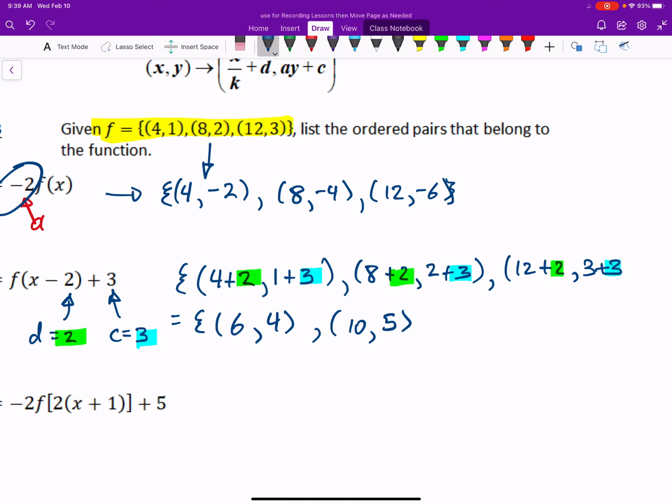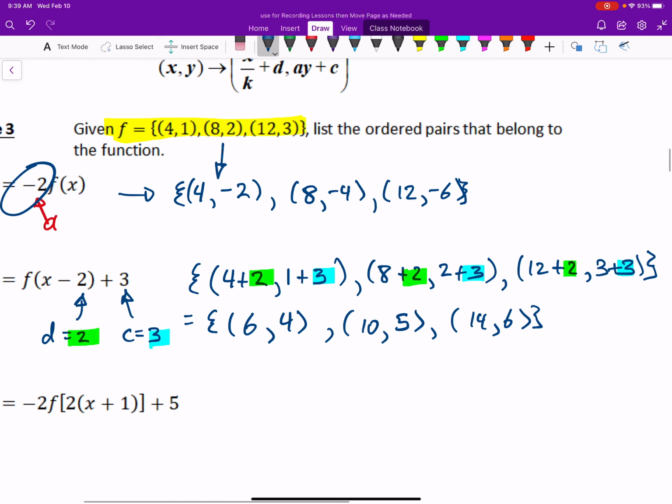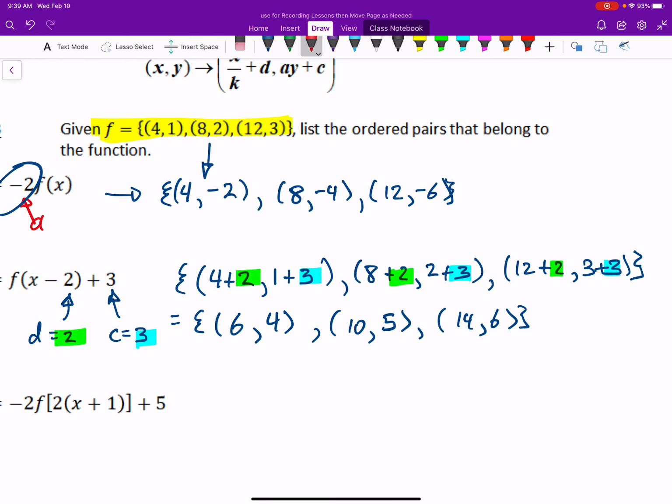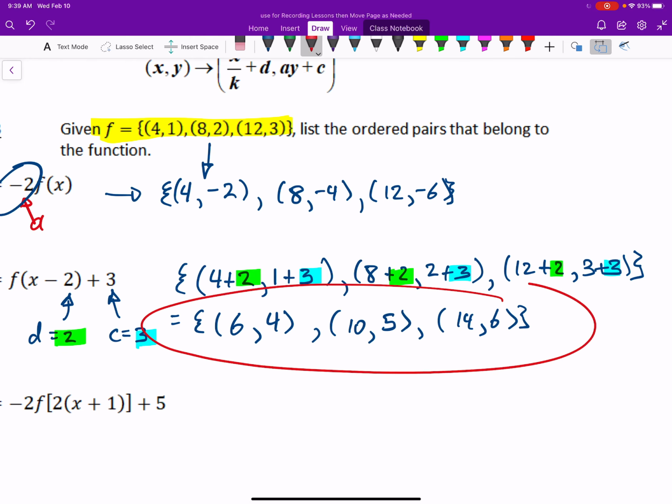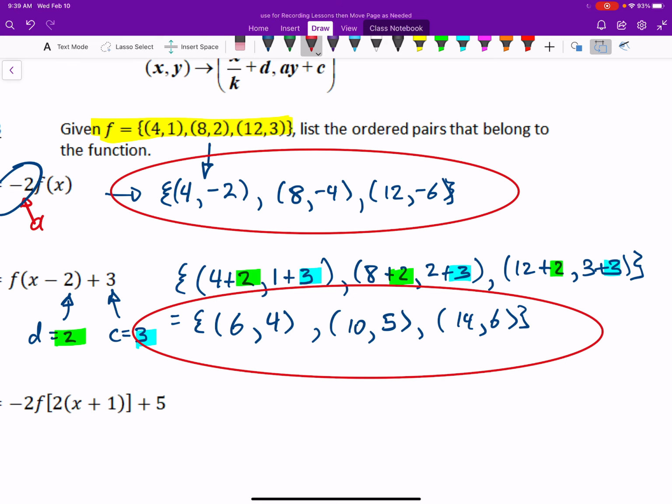And when I simplify that, I get the point 14, 6. So there's my new transformed point. Let's put a nice little circle around it to show that we're done. All right, there's my transformed point.